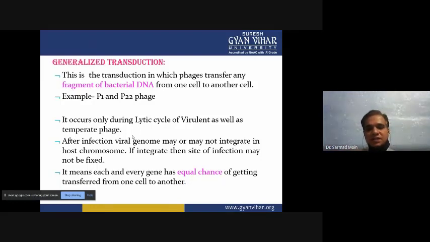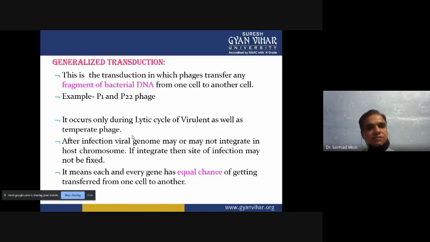But in generalized transduction, the bacteriophage DNA will attach to the bacterial DNA in a non-specific manner. It is not specific. So when generalized transduction happens, the bacteriophage DNA can go to any position in the bacteria.